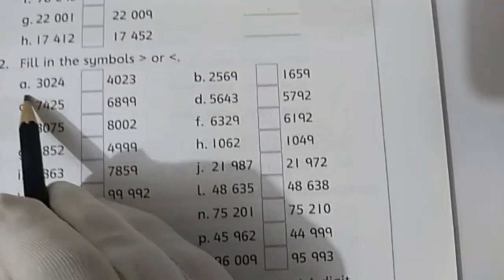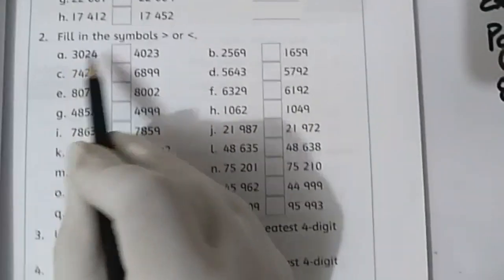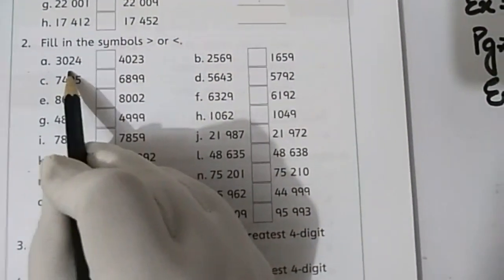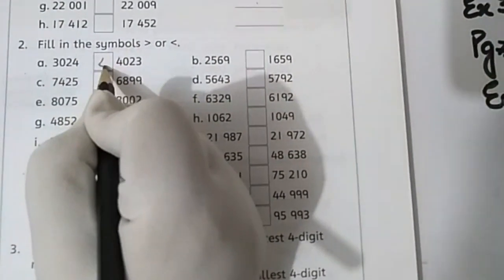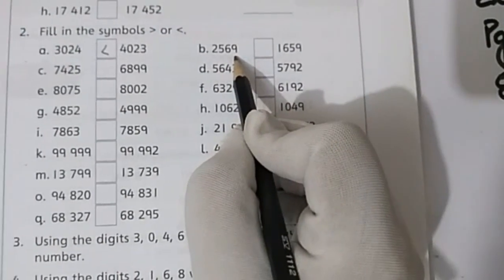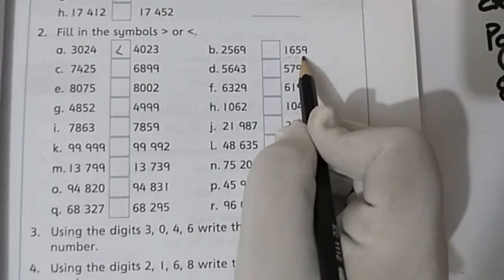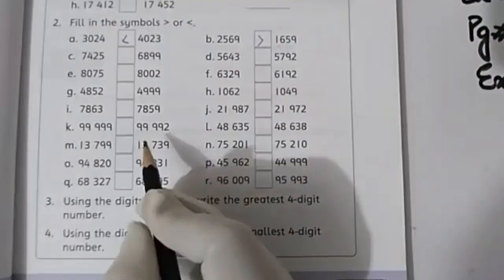Now part 2, fill in the blanks using greater or smaller. If it is 3024, is 3024 greater than 4023 or smaller than? It is less than. In part B, 2569. Is it greater than 1659 or smaller? It is greater.